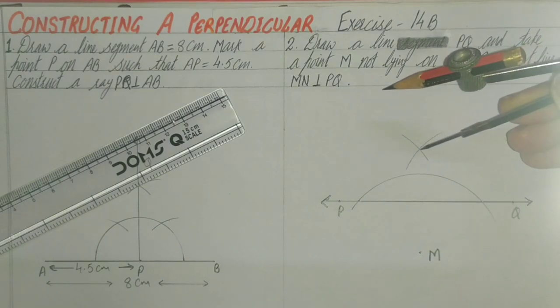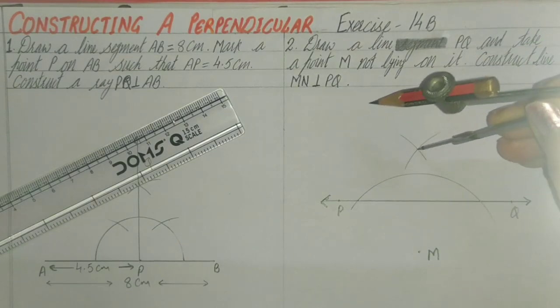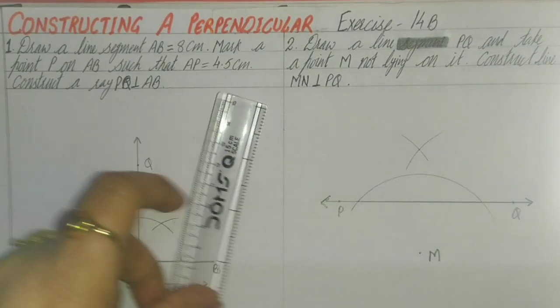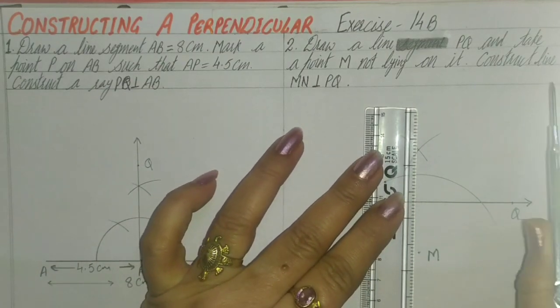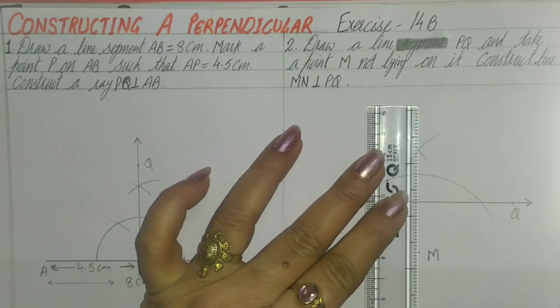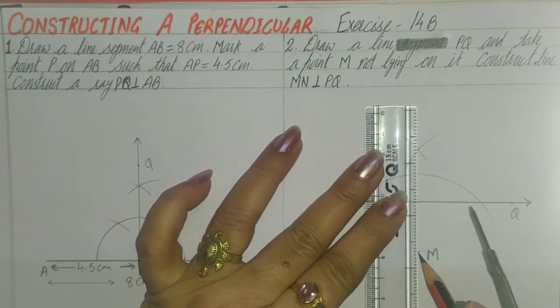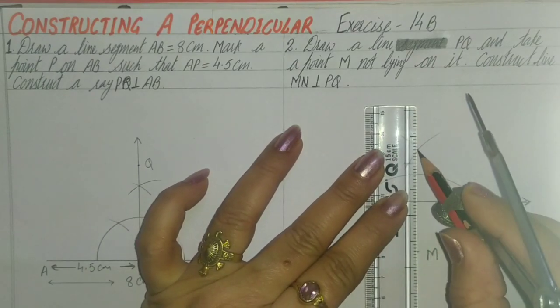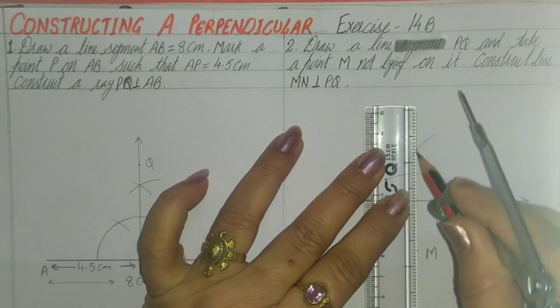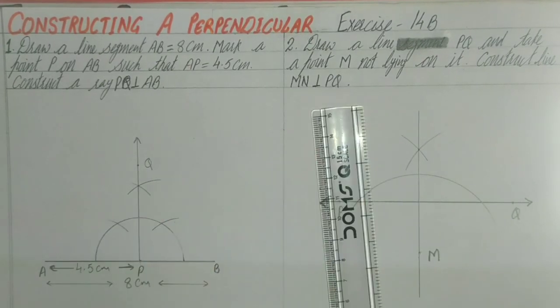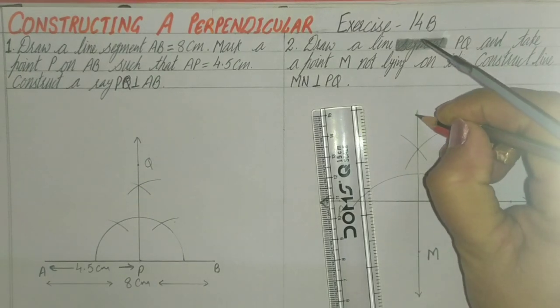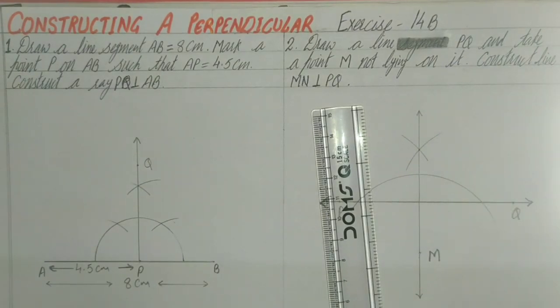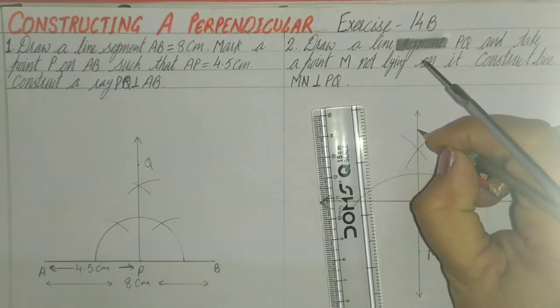So here is the point of intersection of these two arcs. Just mark a hole, then draw a line. Since we have to construct line MN, it means we have to pass this line through M. Then mark arrows on both the endpoints of this line and label it as MN.